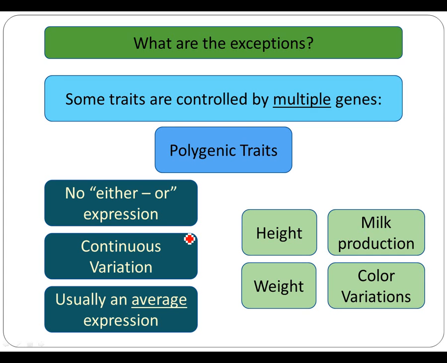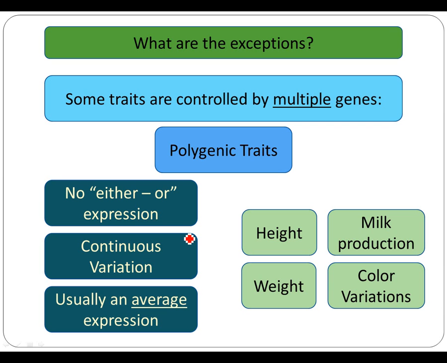And we gave an example of skin pigmentation. Or you could look at color patterns of anything that has color, not just humans. Genes can influence some phenotypical traits that we see expressed.